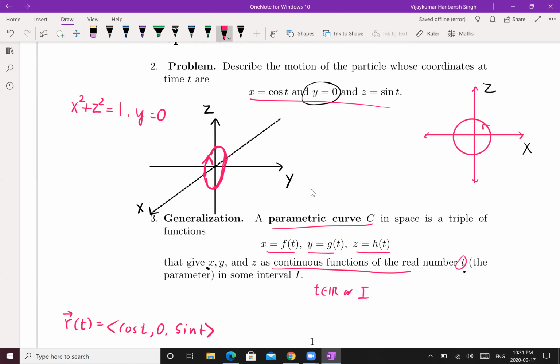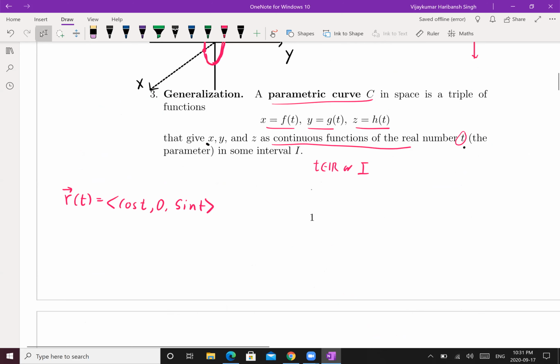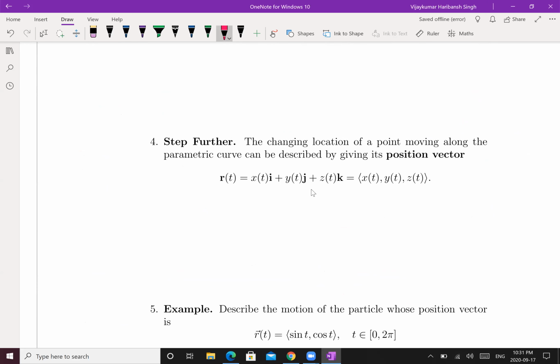The changing location of the point moving along the parametric curve can be described by giving its position vector. So r of t is either x(t) i plus y(t) j plus z(t) k, or x(t) comma y(t) comma z(t).